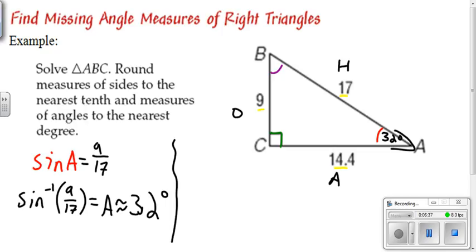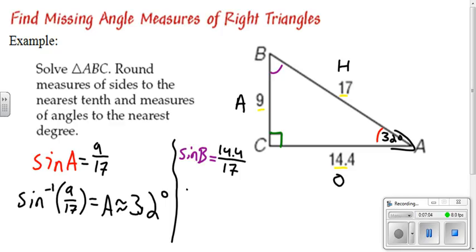So we would say then, let's use sine again. We'll do sine of B equals, in this case, for B, these are going to be flipped. B's opposite is over here, and B's adjacent is over here. So the sine of B would be 14.4, the opposite over hypotenuse, which is 17.